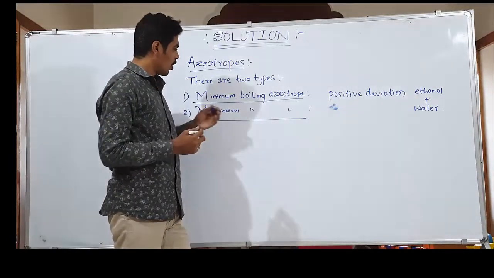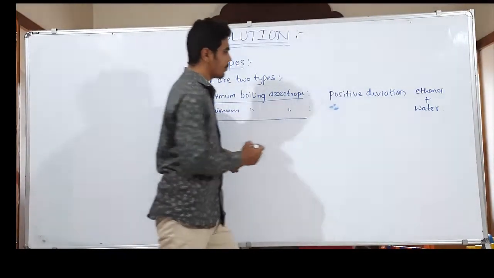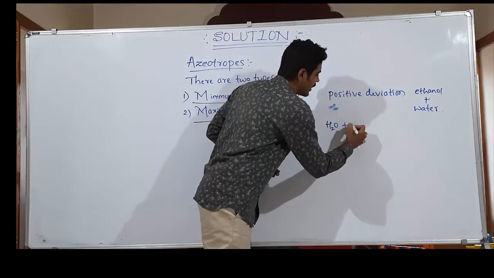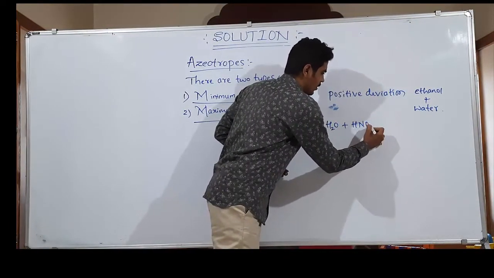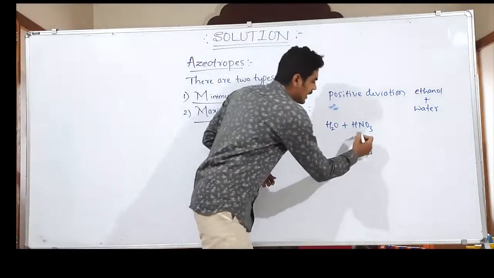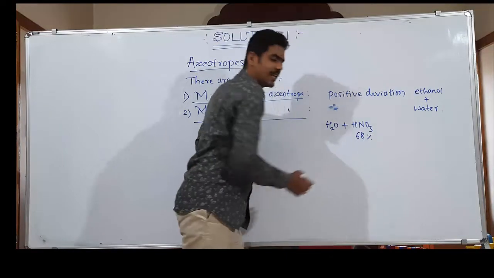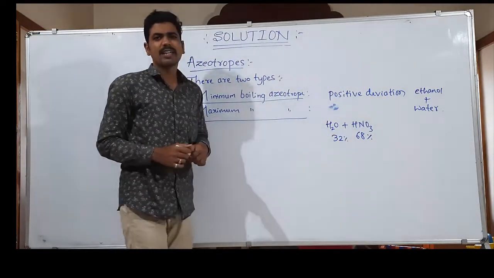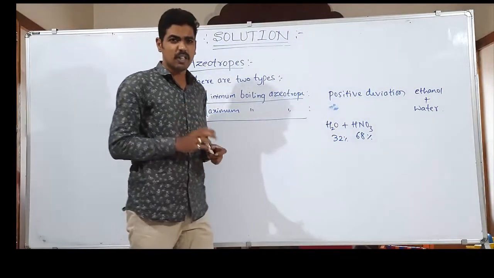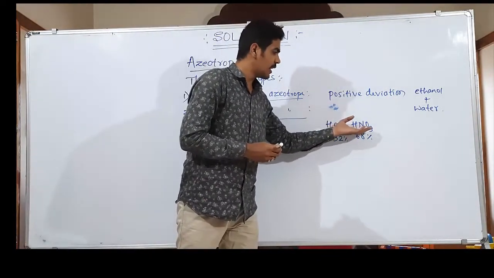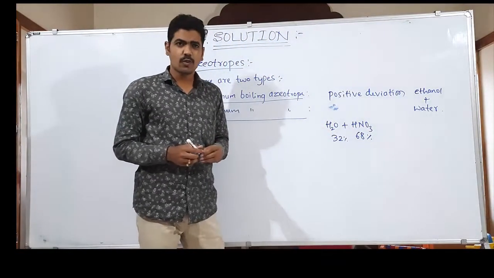An example for this type of azeotrope is the mixture of water and nitric acid, where 68% of nitric acid and 32% of water is present in the given mixture. Above that, we cannot separate the further HNO3 and H2O.